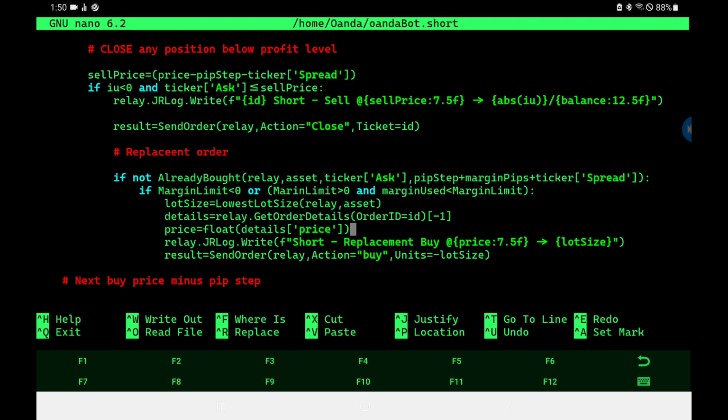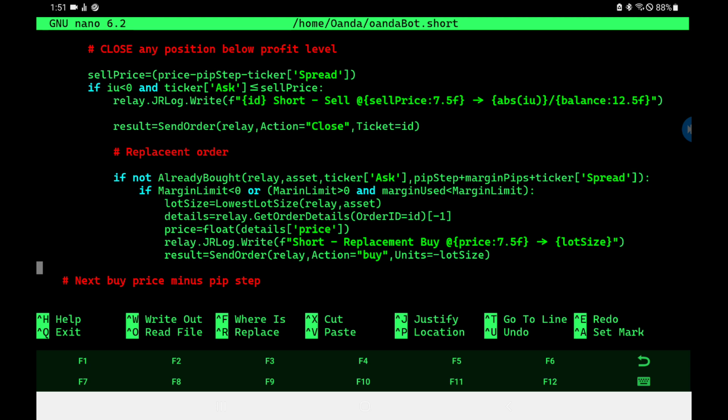So now I know what my last price in my orders are. So when I go to place it, I can use that information. That gets used for logging purposes, so you can see exactly what your price was that you're replacing. Remember, this is a replacement order, so we need to see what we're replacing. And now we actually make the replacement.